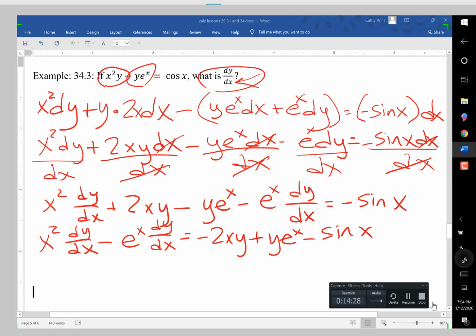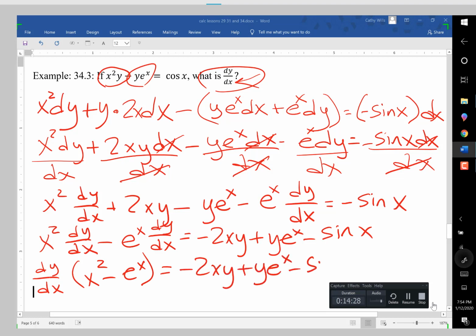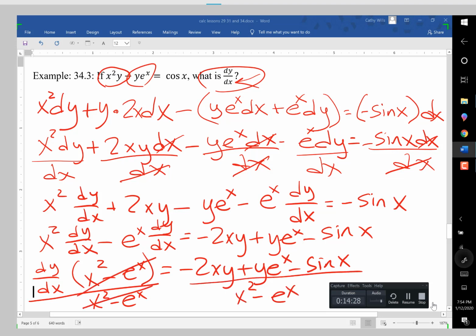Now I'm going to factor out the dy/dx on the left. And then I'm going to divide both sides by x squared minus e to the x. And that is my answer.